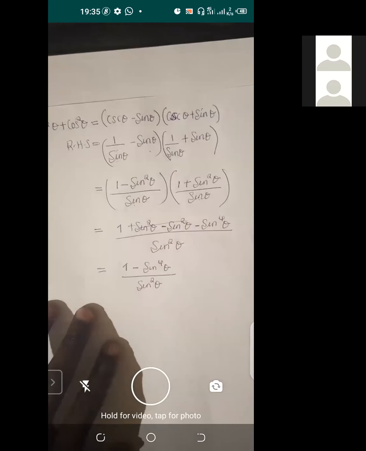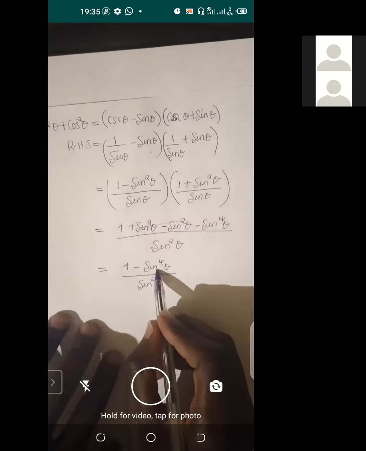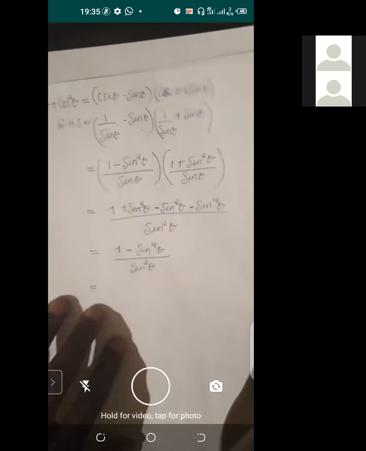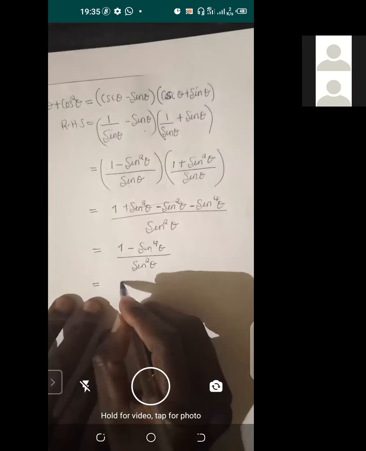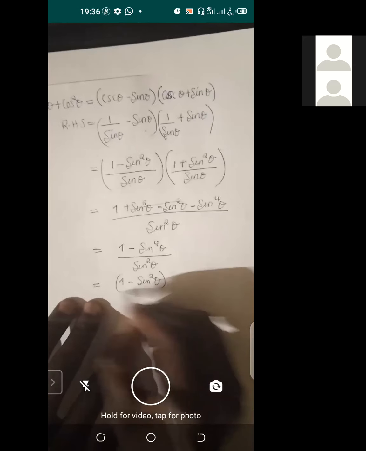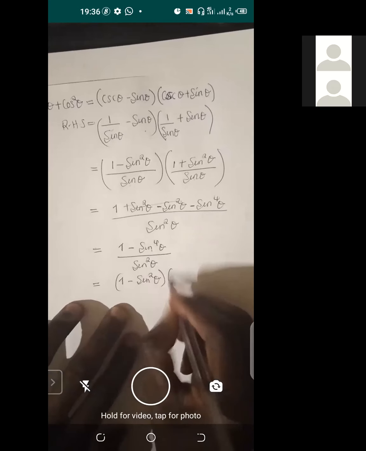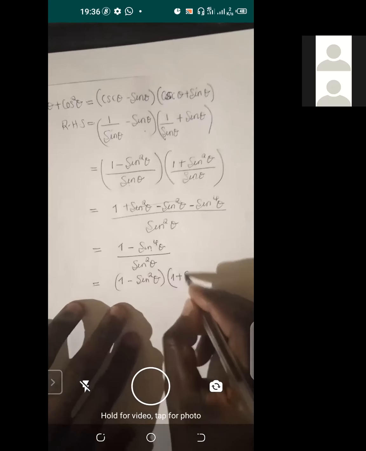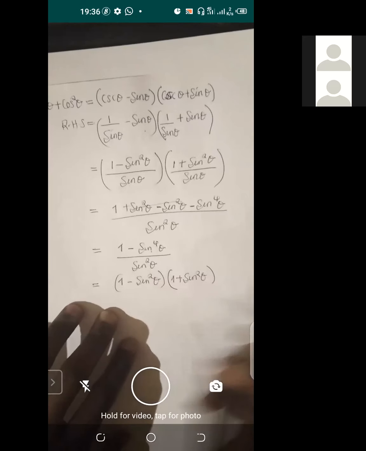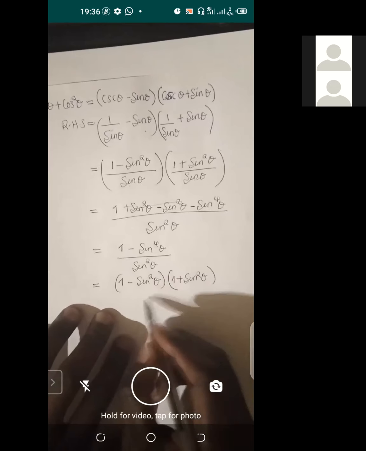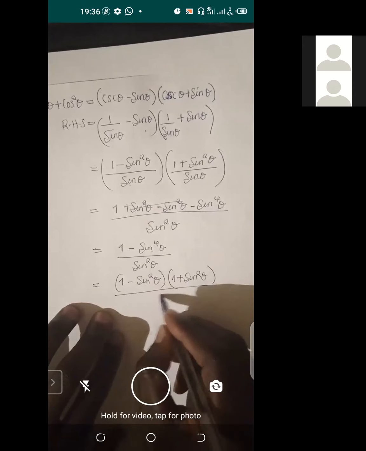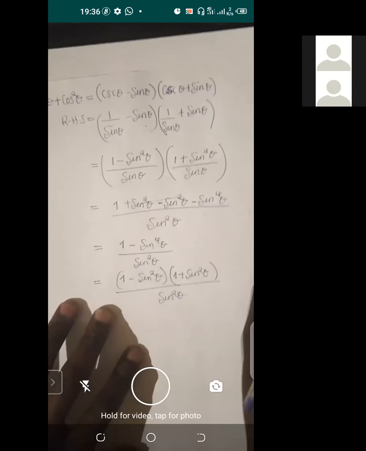So this one here is equal to the difference of two squares, 1 minus sine squared theta times 1 plus sine squared theta. Okay, I don't know why we had to go this way. Oh, we are getting back to it. Okay, let's do this.